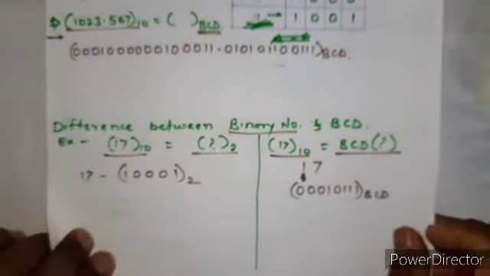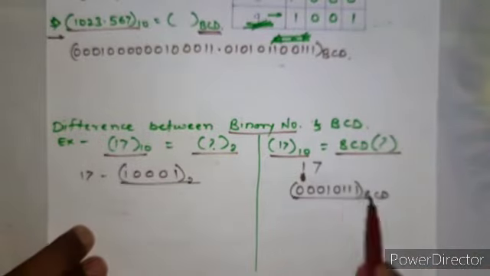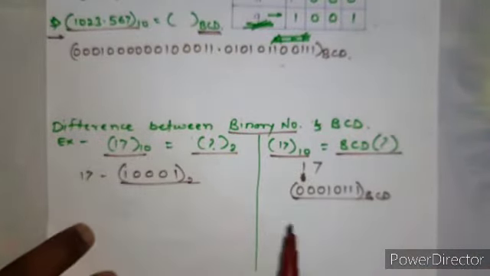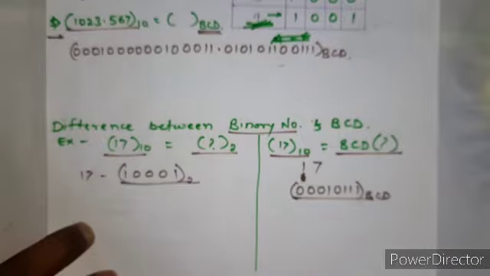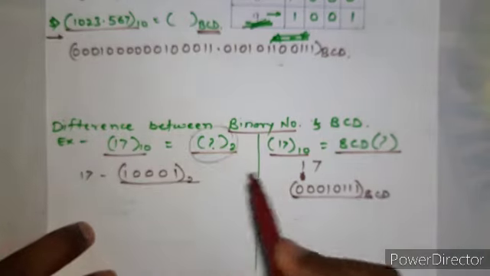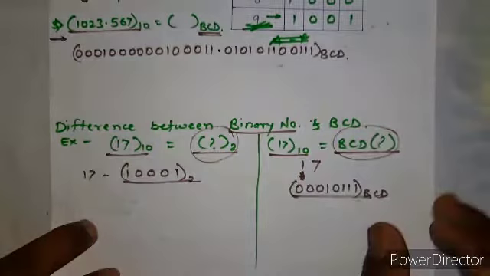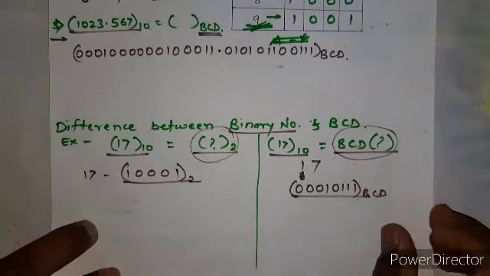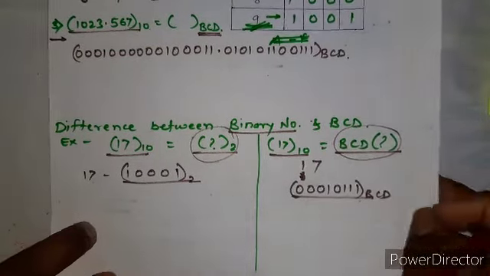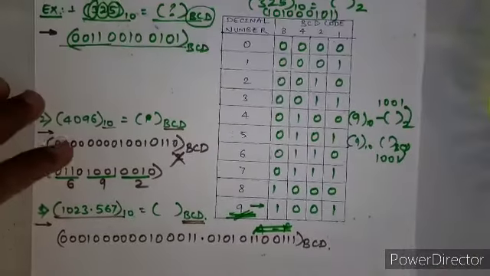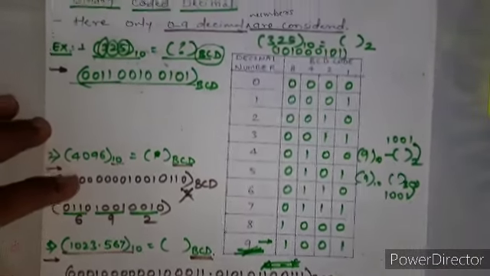You can see these two sequences are totally different, even though they are both in binary form. So that is the difference between a binary number and a binary coded decimal number. This is one form of code, that is BCD, binary coded decimal.